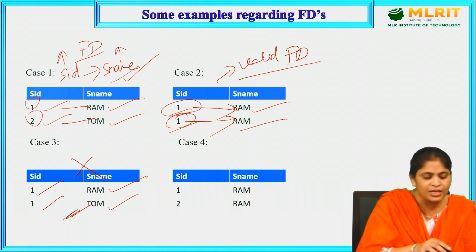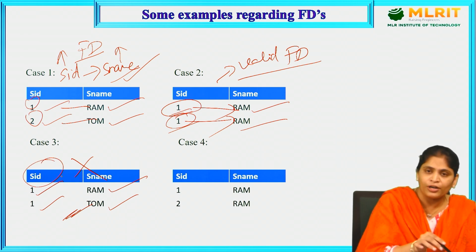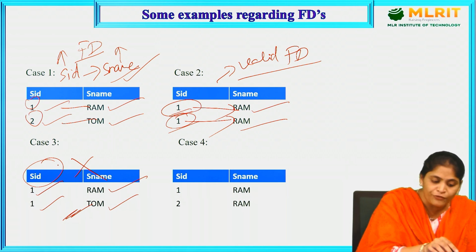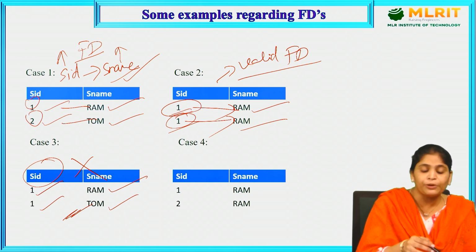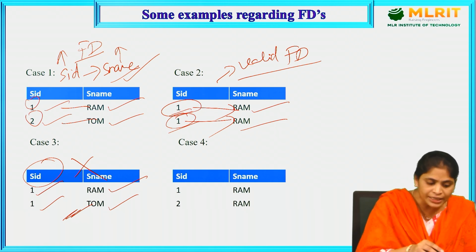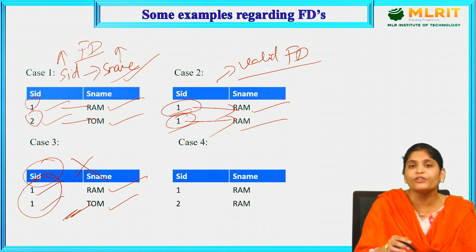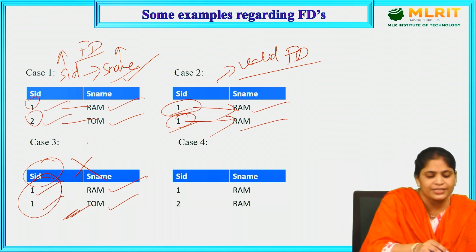To represent this as an FD, one column must derive the other column uniquely. But here the same SID has been given to two different persons, so it is not an FD. Case 3 is invalid.